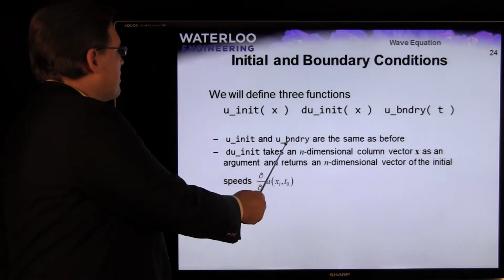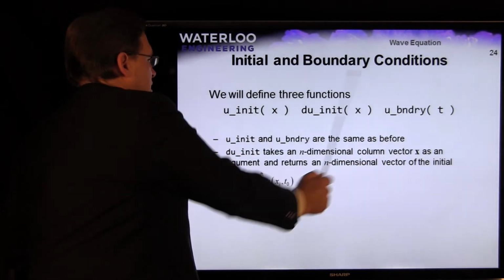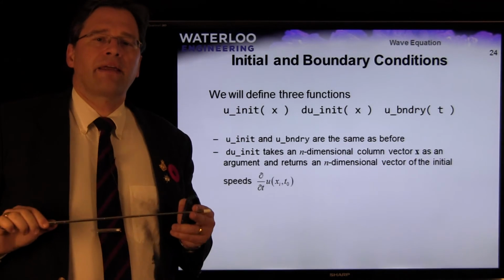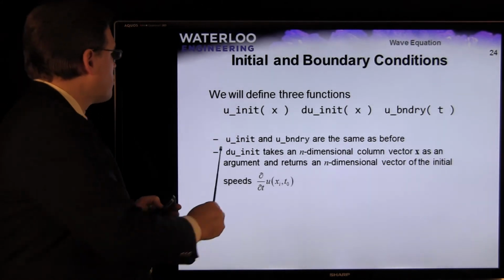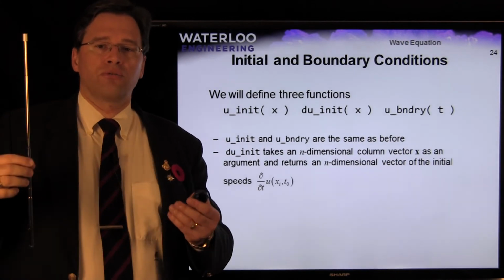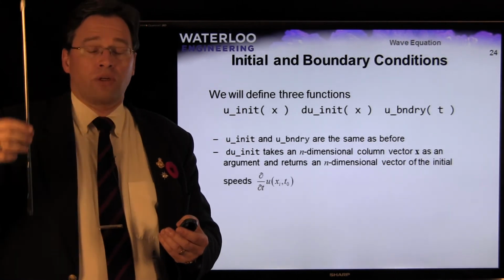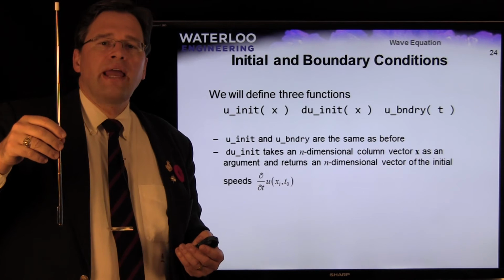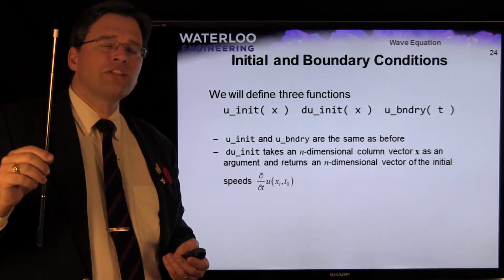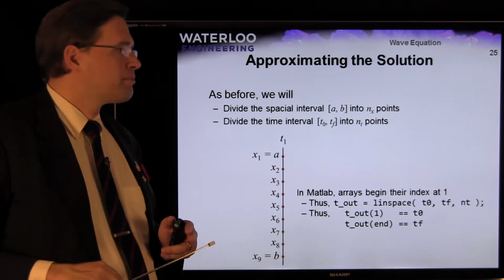U sub init and u sub boundary take either a spatial variable or a vector of time points, and du sub init is almost similar to u sub init. It takes an n-dimensional column vector of points and returns an n-dimensional column vector that specifies the initial speed at each of those points.